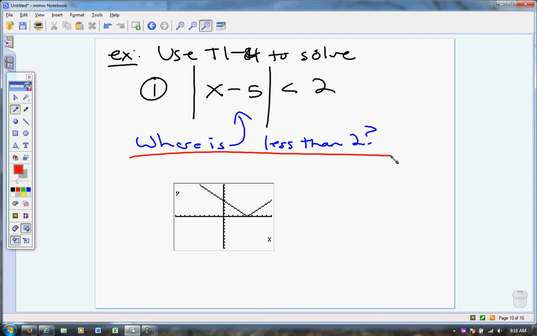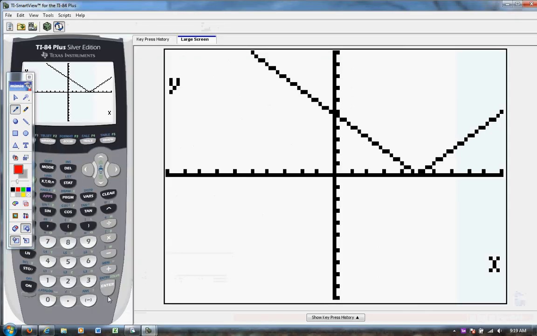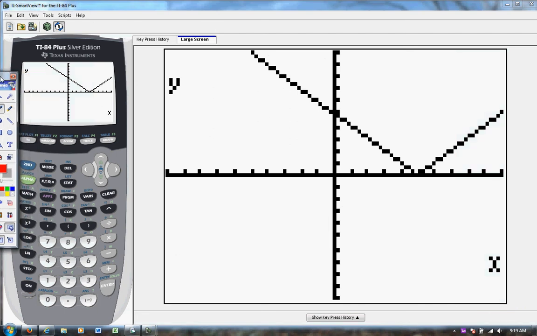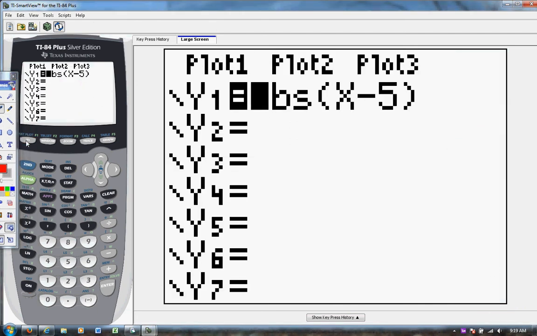Here's 1, here's 2. What we're going to do is put in that horizontal line y equals 2 so we can figure this out. So let's go back to the graphing calculator and add in y equals 2, because we want to know where this thing is less than 2.